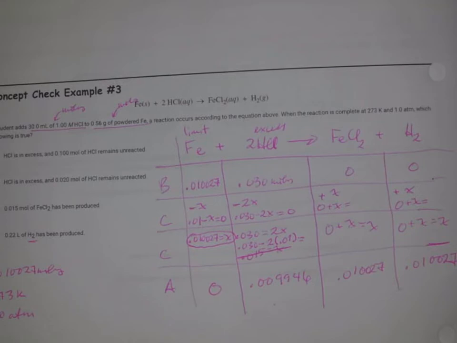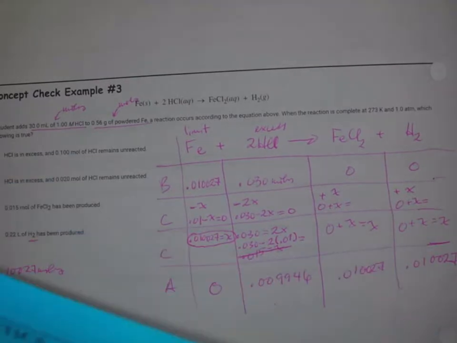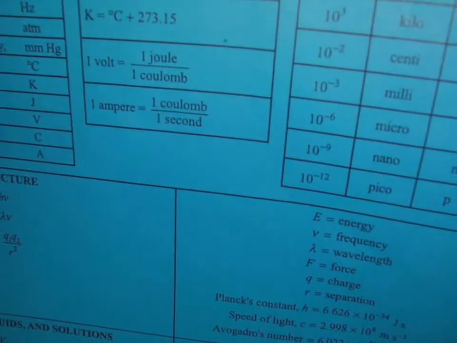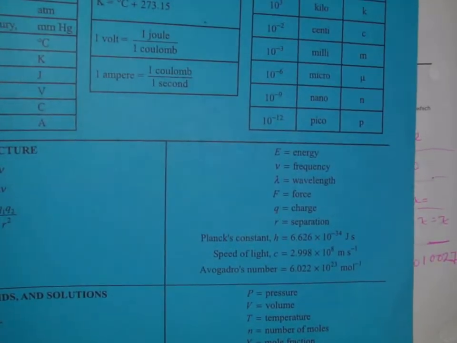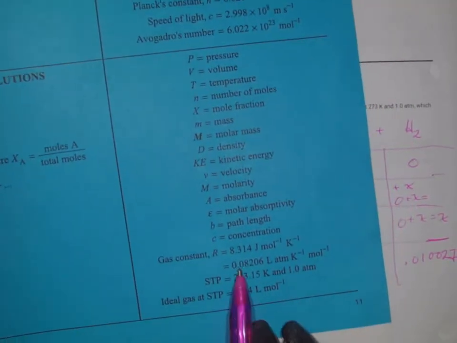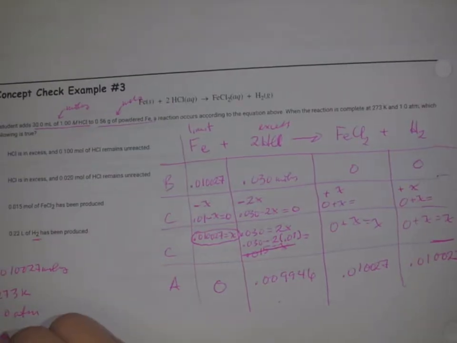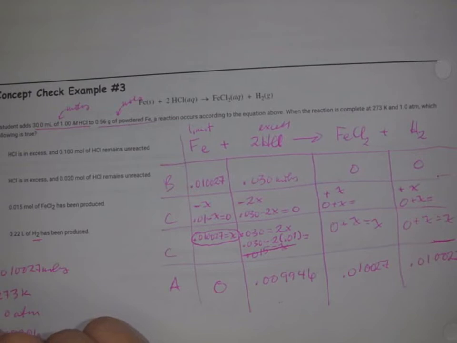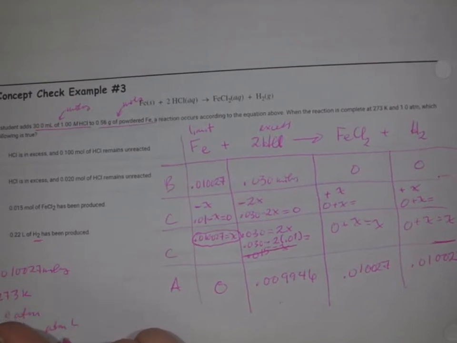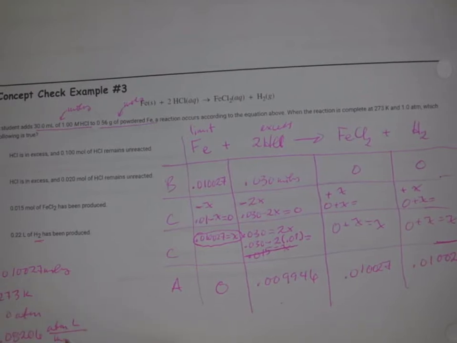Our R value, I'm doing PV equals nRT right now, just heads up, is 0.08206 liter atmospheres per mole Kelvin. And we're going to solve for volume.